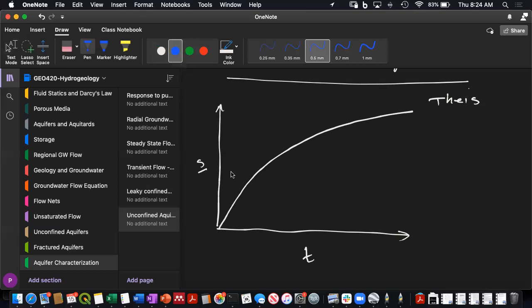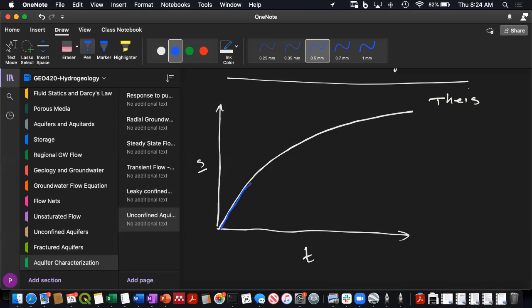And then I'll plot the unconfined response. At early times, that pressure response is dominant, and we will have an early Theis response.